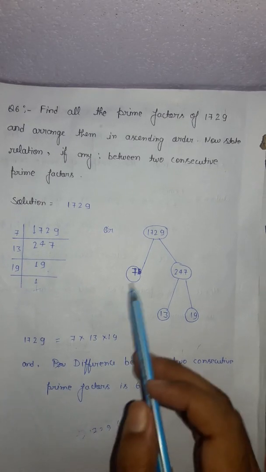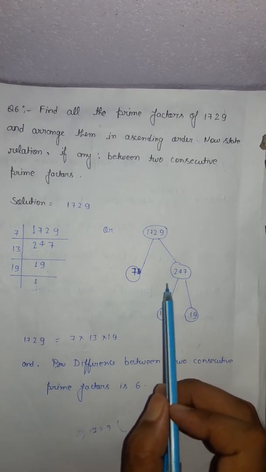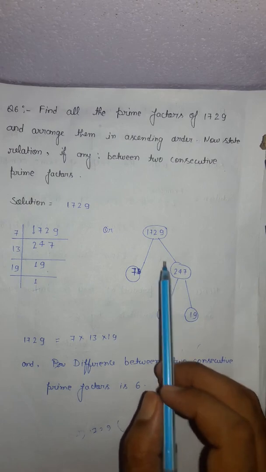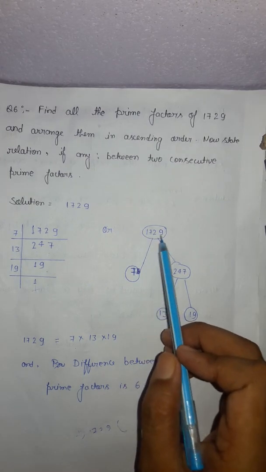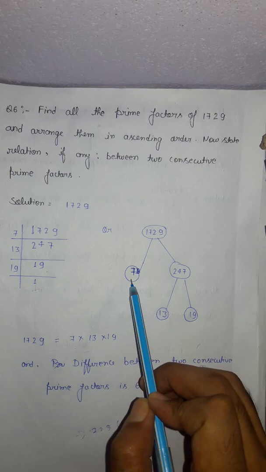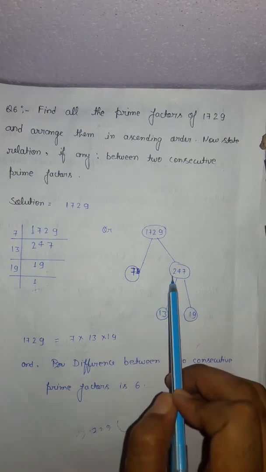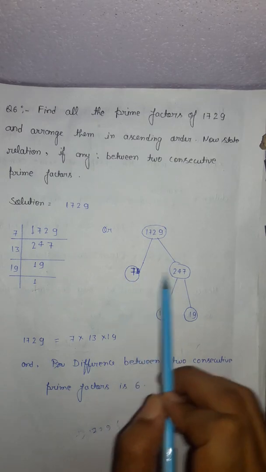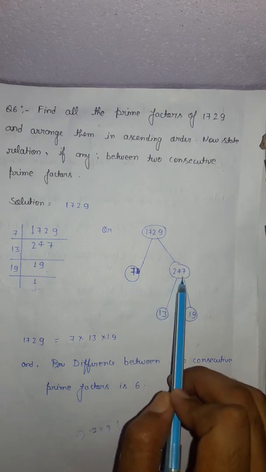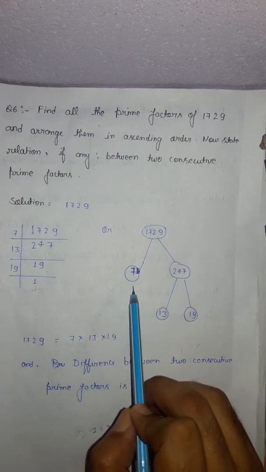If you want, you can do it using the tree method. See that 1729, when we divide by 7 as a factor, the result is 247. So its two factors are 7 and 247. 7 is a prime factor, so we don't have to do anything with it.